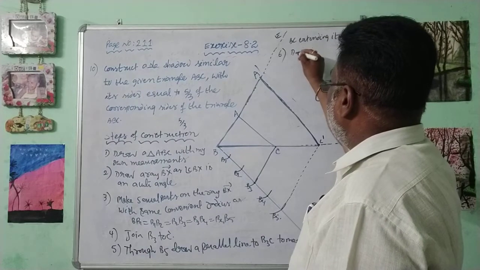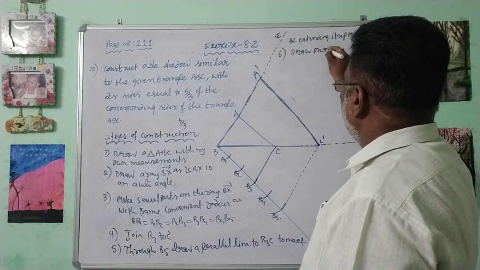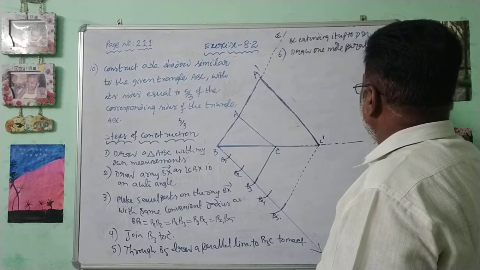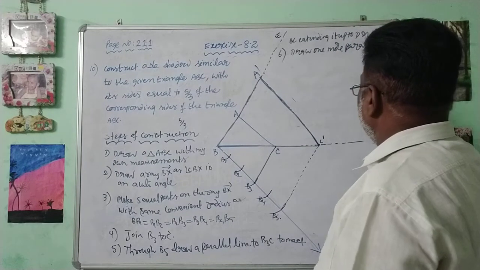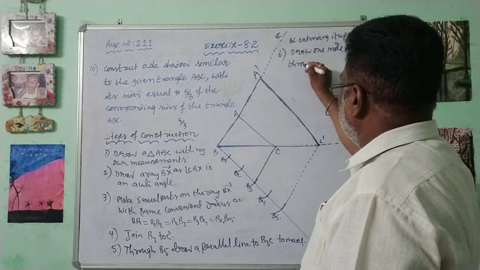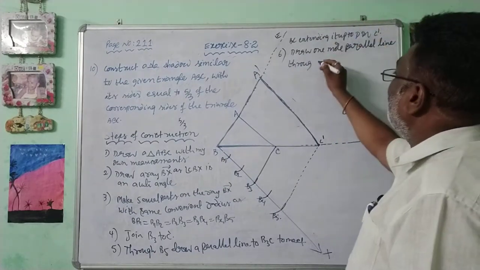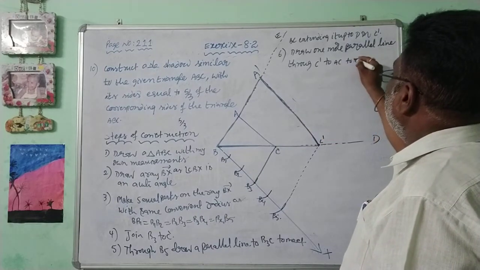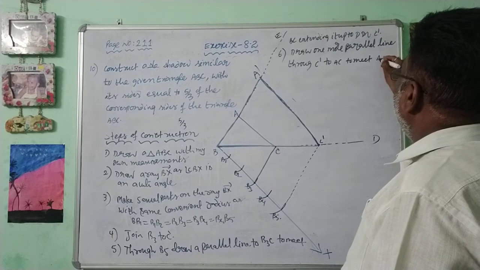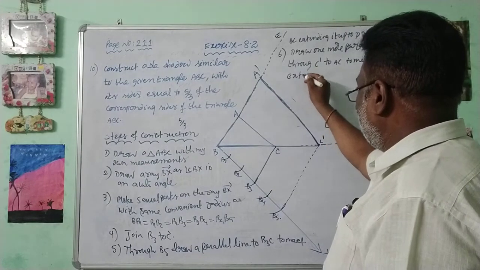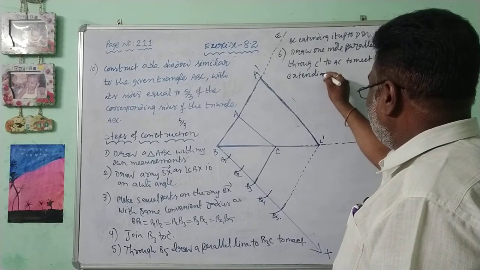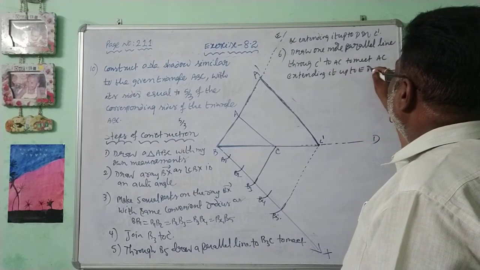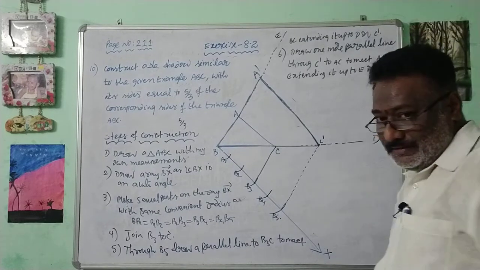Okay, draw one more parallel line through C dash to AC to meet BA extending it up to E in A dash.